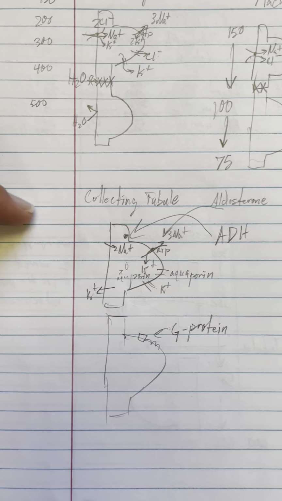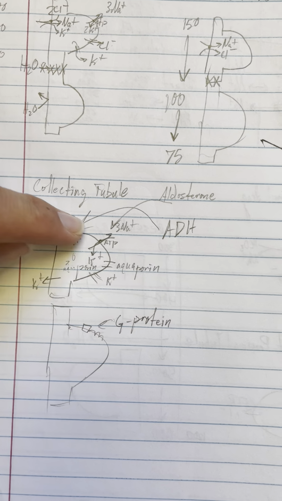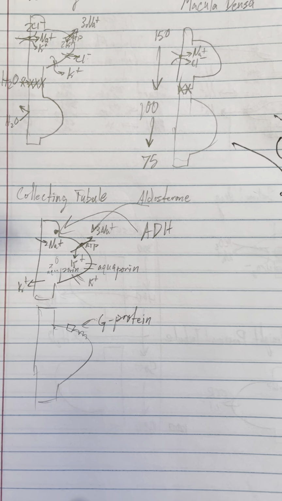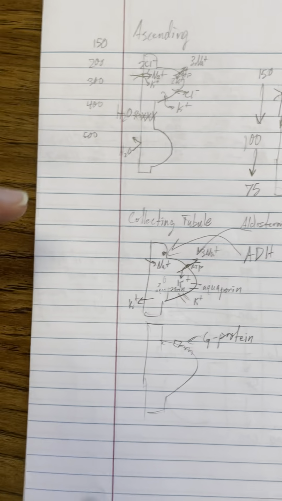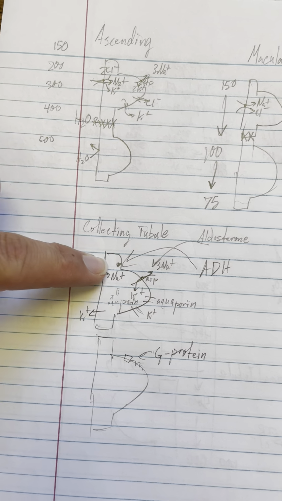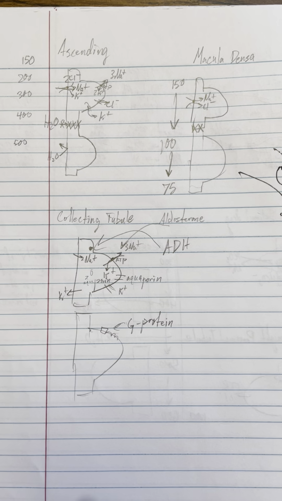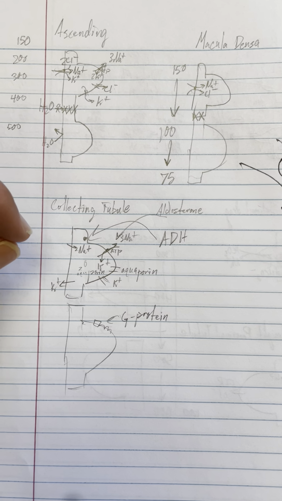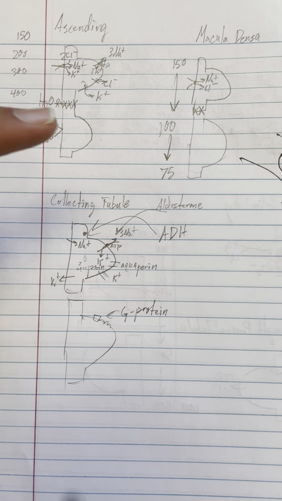Just on a cellular level, here's your collecting tubule. ADH is going to stimulate aquaporin insertion into your cells, which is going to pull water across the cells from your collecting tubule into the blood over on this side. If I said aldosterone, sorry, I meant ADH.